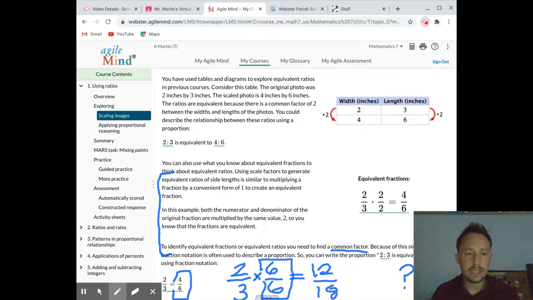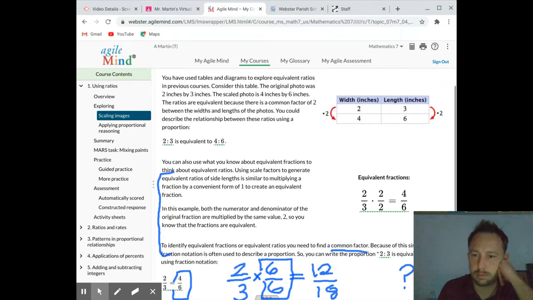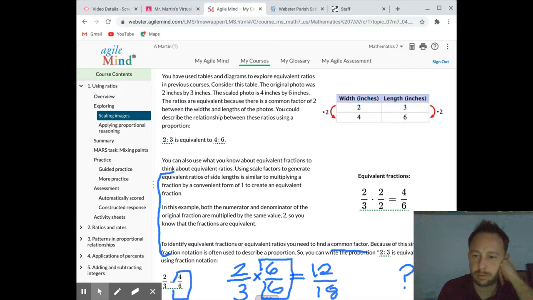All right, Levi, what did you come up with? Okay, so I came up with the scale factor being 3, as if you did 2 times 3 is 6, and 3 times 3 is 9, so 6/9. Great job. All right, what did you come up with, Braden? I did 4. I did 2 times 4 equals 8, and then 3 times 4 equals 12, so 8/12.